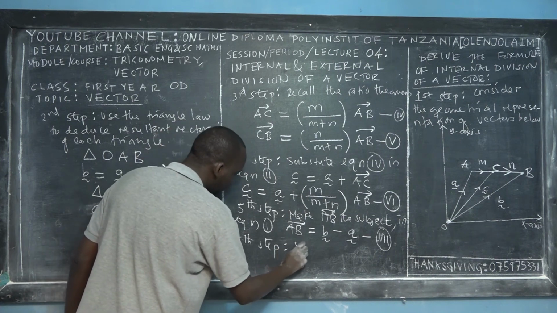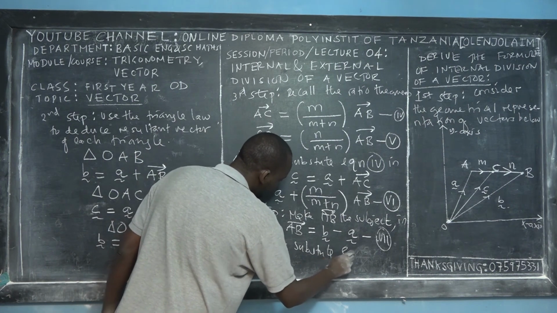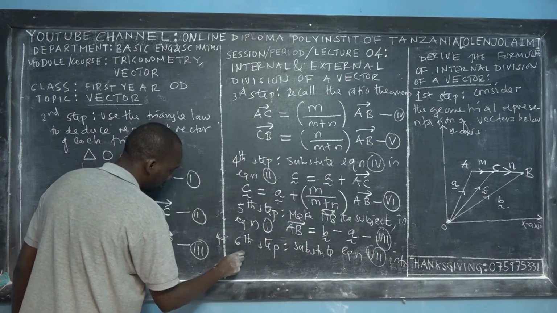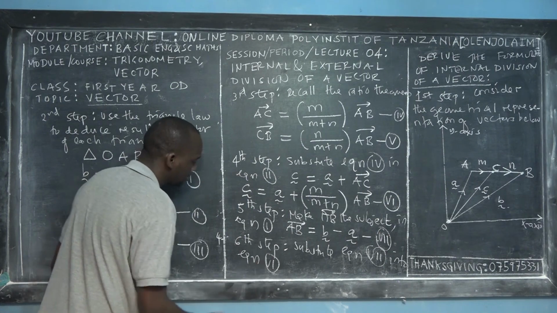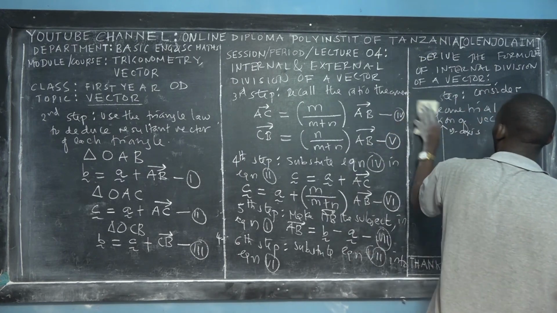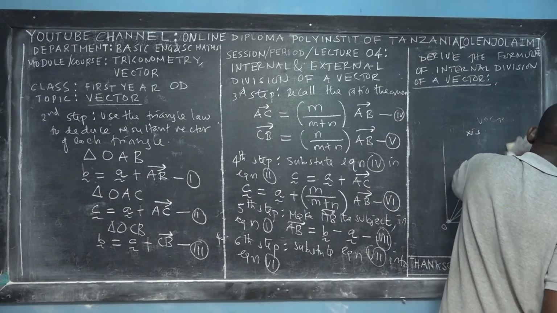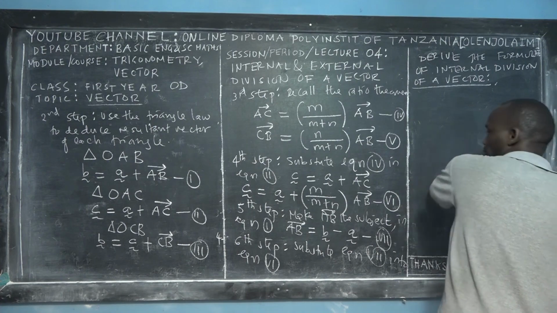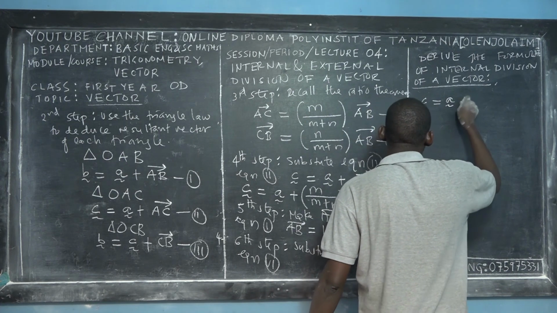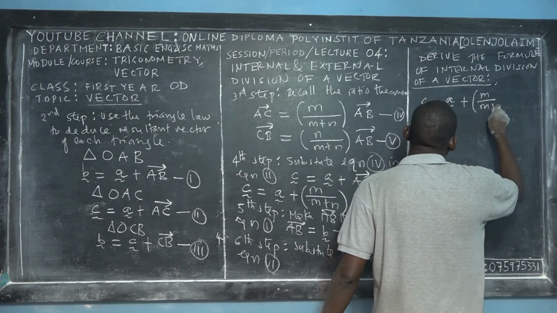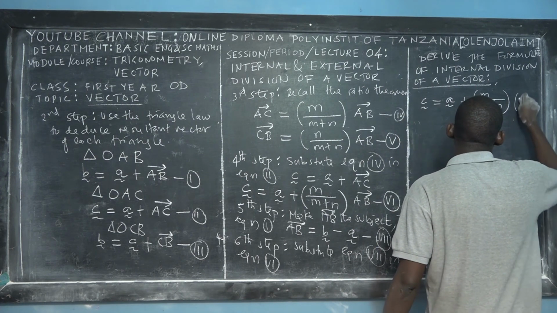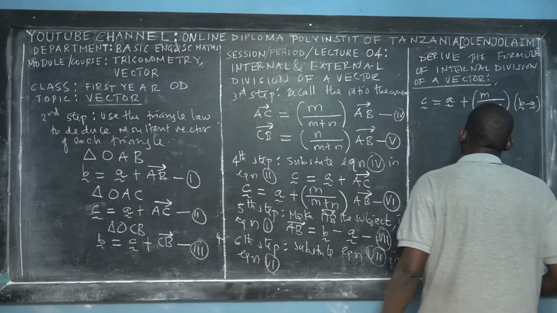We say let us substitute equation 7 into equation 6. So if you substitute into equation 6, you have vector C is equal to vector A plus M over M plus N, times vector AB, which now is vector B minus vector A. Interesting.